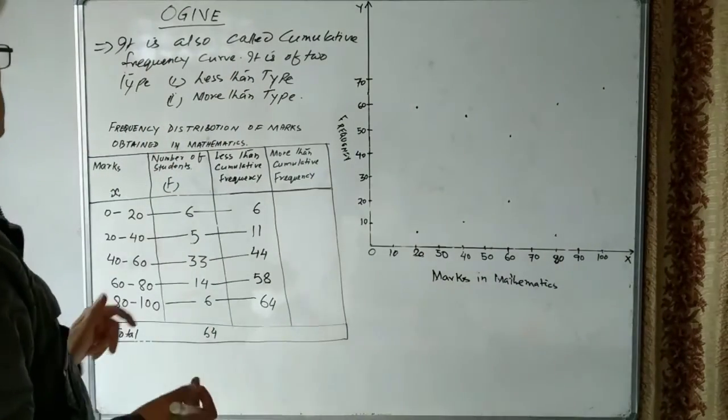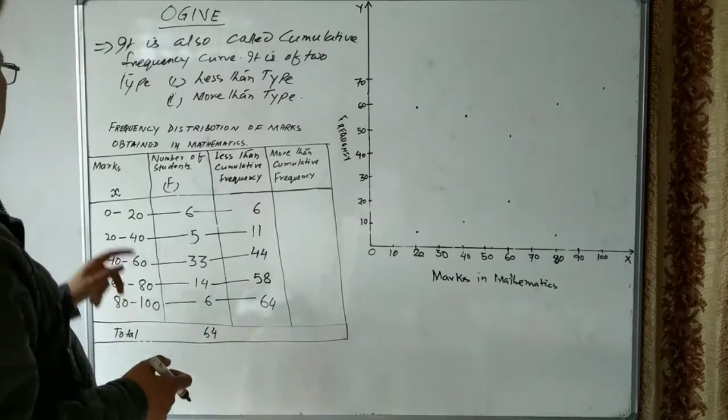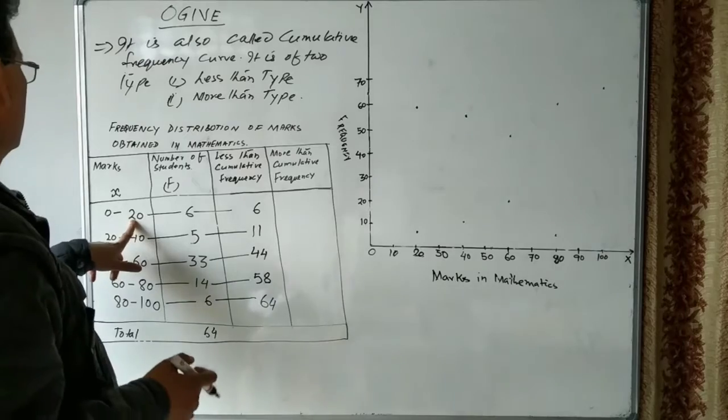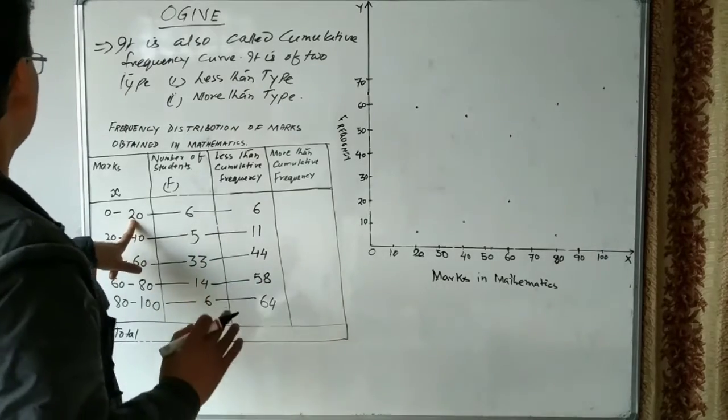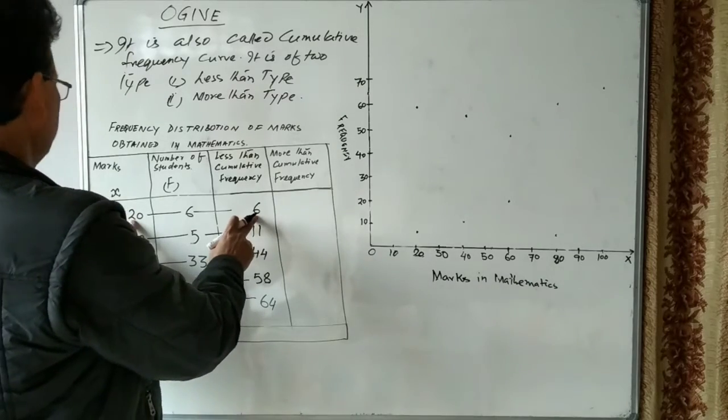While we draw the less than cumulative frequency, we'll take the corresponding upper limit of the class interval and the cumulative frequency.